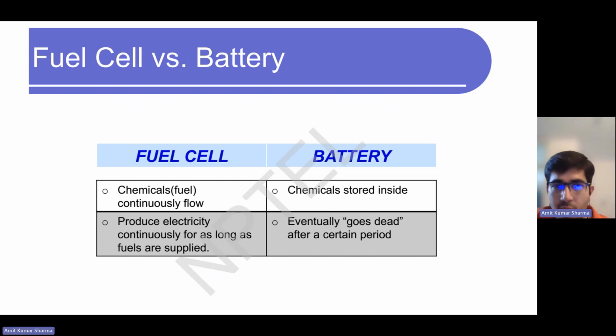This is the difference between a fuel cell and a battery. A fuel cell produces electricity continuously for as long as fuel is supplied. A battery eventually goes dead after a certain period because the fuel is already inside the battery itself.